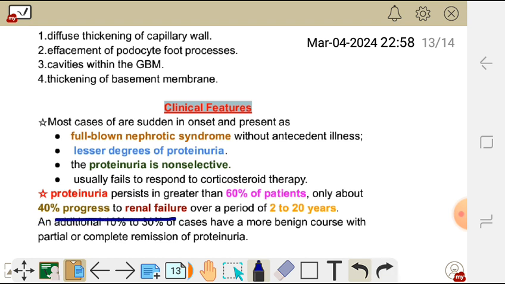So about 40% are going to progress to renal failure over the period of 2 to 20 years, and an additional 10 to 30% of cases have a more benign course with partial or complete remission of proteinuria. So we can have partial loss of proteins, or we may have no proteins which are lost due to that thickening.